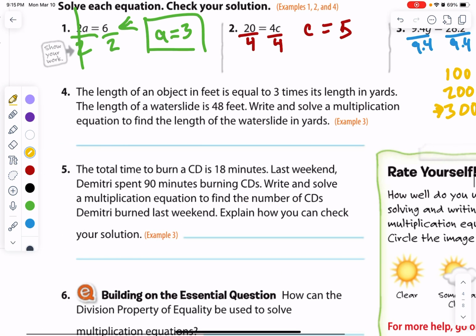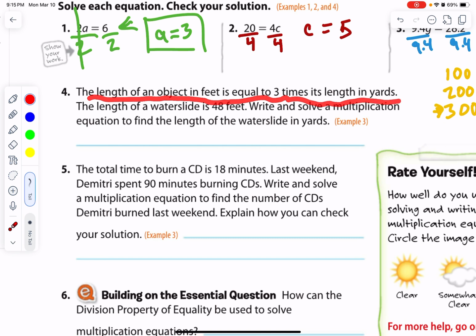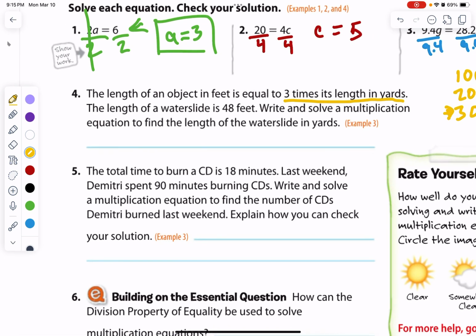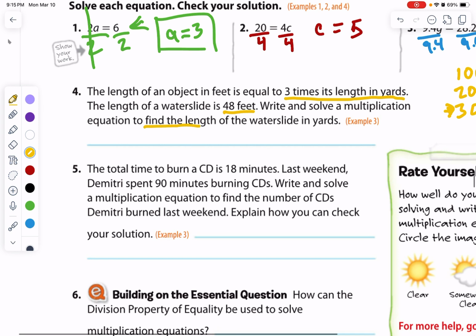All right, let's take a look at this one. The length of an object in feet is equal to 3 times its length in yards. Okay, 3 times its length in yards. The length of a water slide is 48 feet. Write and solve a multiplication equation to find the length of the water slide in yards.